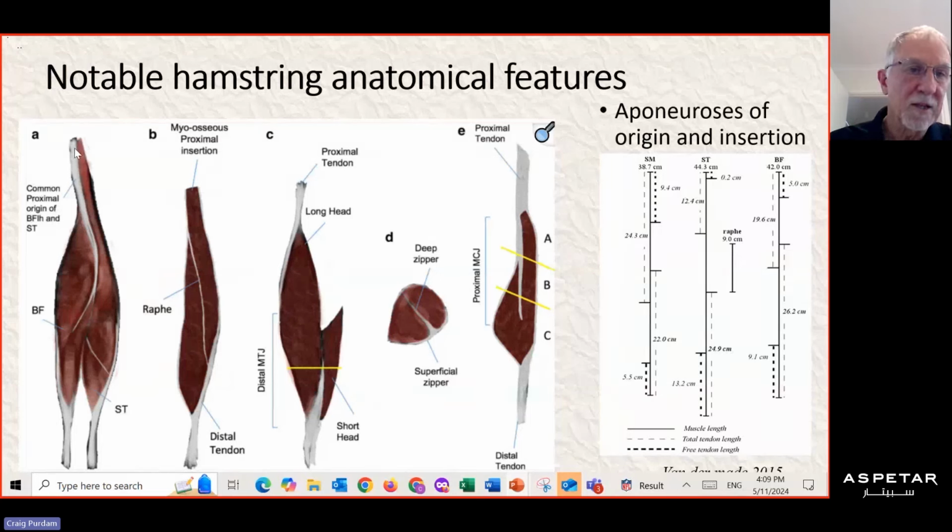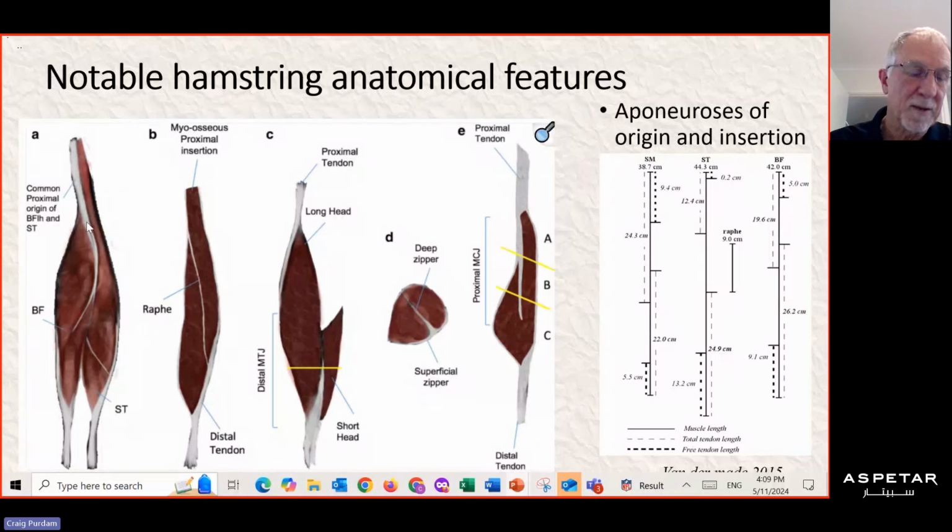And we see here the common tendon of origin of both biceps and semitendinosus. Semitendinosus is often muscular from its origin, but of course it has this joint origin also from the common tendon.